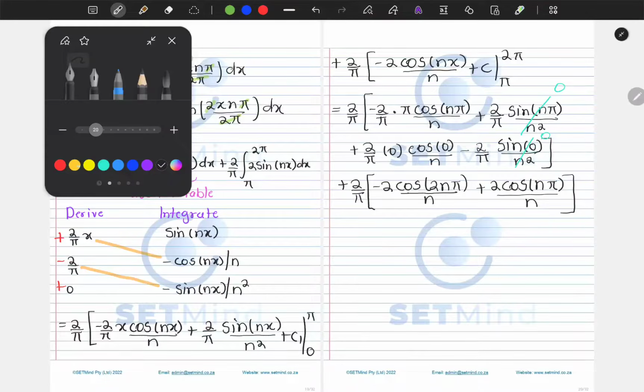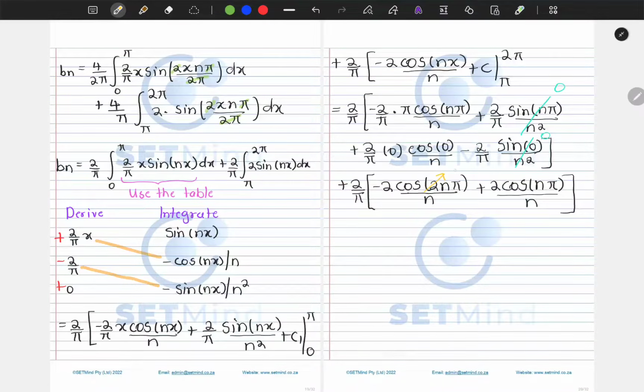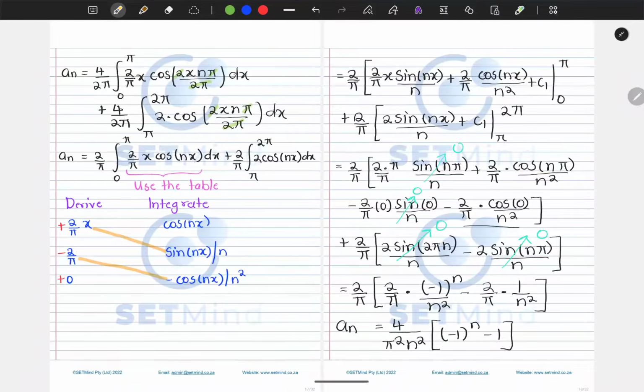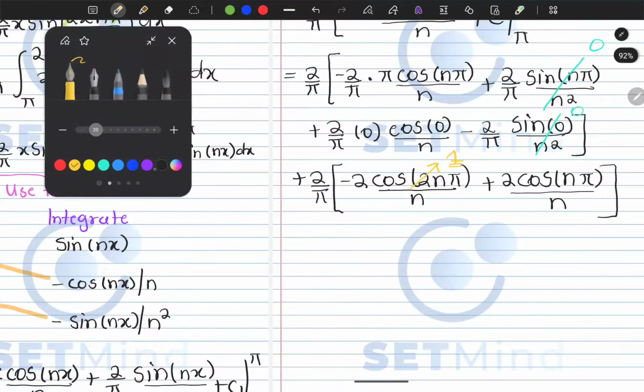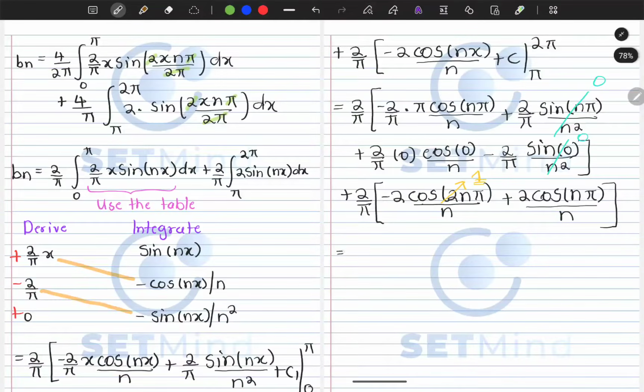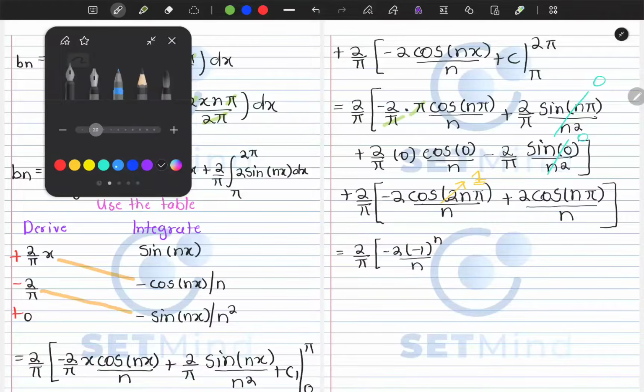What we should note is that whenever you have a 2 like this, cos of 2n pi actually becomes 1. So let's go. Our answer will be 2 over pi into, so the pi's will cancel here, negative 1 to the power of n divided by n, negative 2 of that, and then all the other parts become 0, including this one.